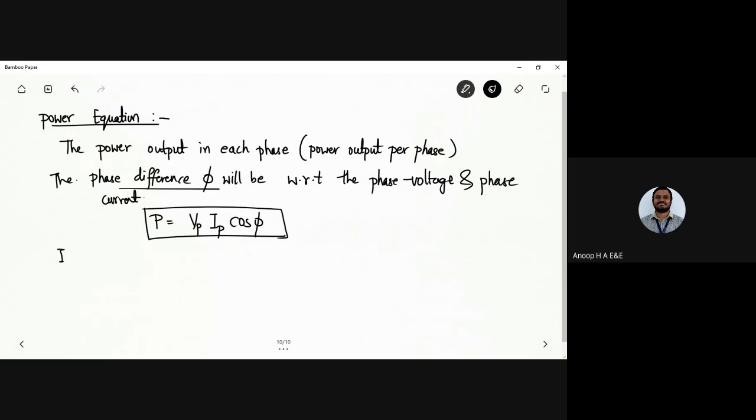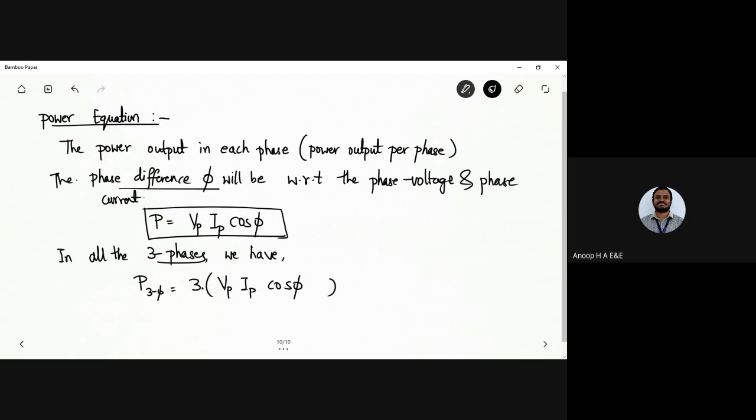Now in all the three phases, the power is given by 3 times Vp into Ip into cos phi.